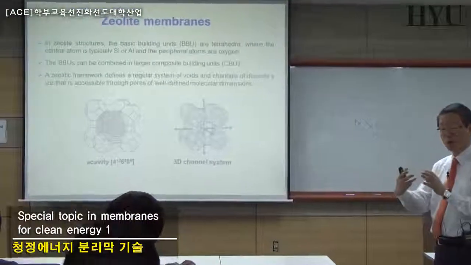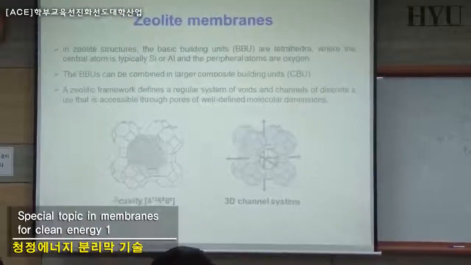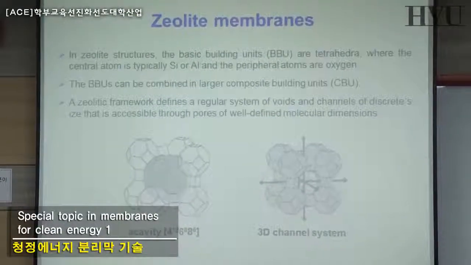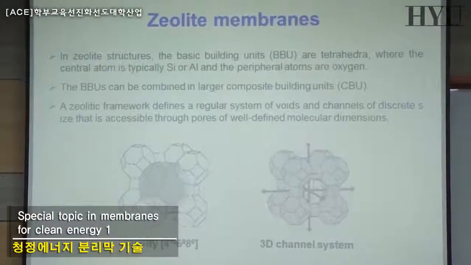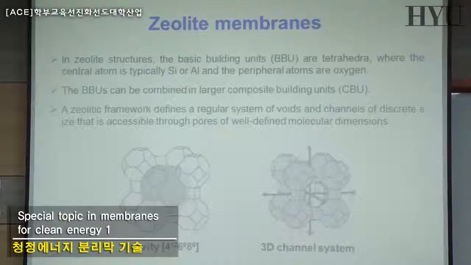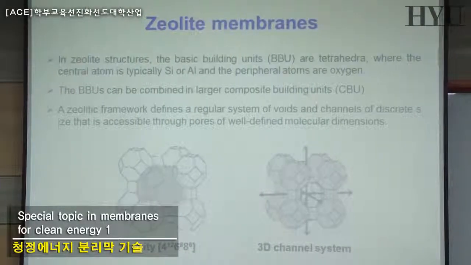You have a porous structure inside. The X, Y, and Z dimensions might be counted, so that they can say the diameter of this pore might be 4 Angstrom, 5 Angstrom, 6 Angstrom, depending upon how they make this zeolite structure.